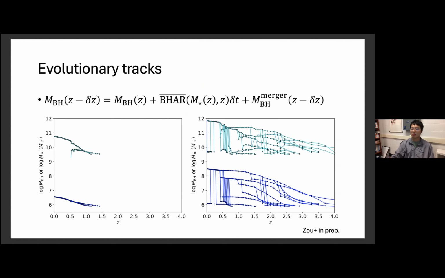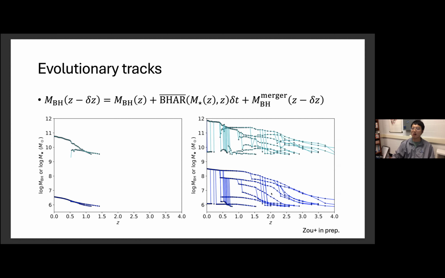Here I'm showing two example evolutionary tracks of simulated galaxies in the TNG simulation in terms of their stellar mass and black hole mass. These stellar mass evolutionary tracks are shown as these cyan lines. We follow this stellar mass evolutionary track, and we apply this equation to it to obtain the predicted black hole mass evolutionary tracks.